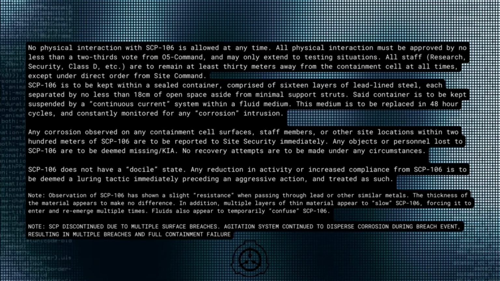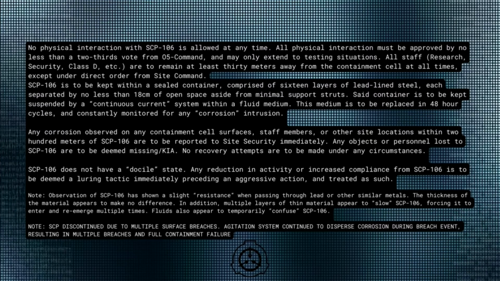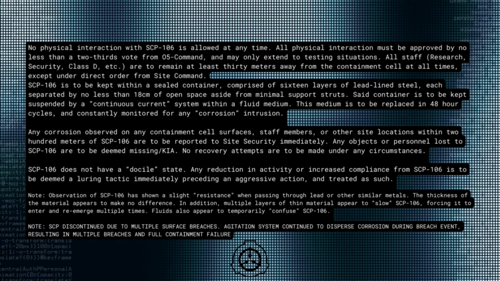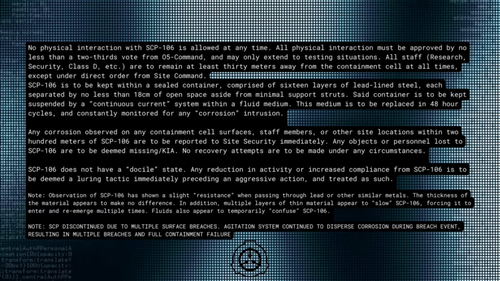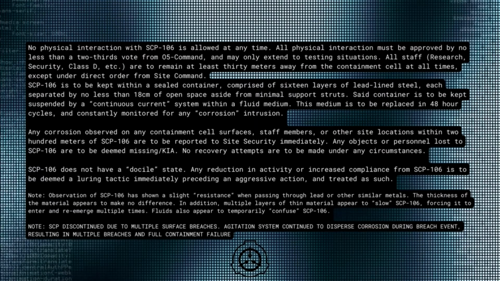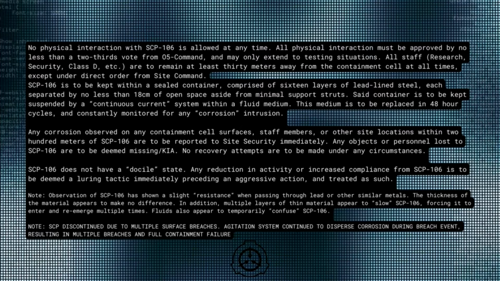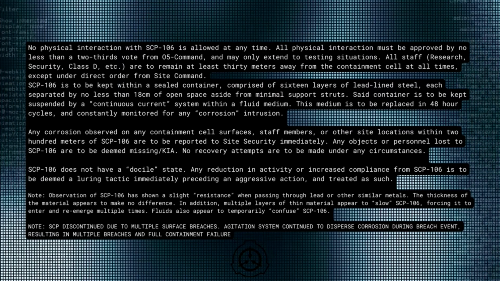Note: observation of SCP-106 has shown a slight resistance when passing through lead or other similar metals. The thickness of the material appears to make no difference. In addition, multiple layers of thin material appear to slow SCP-106, forcing it to enter and re-emerge multiple times.